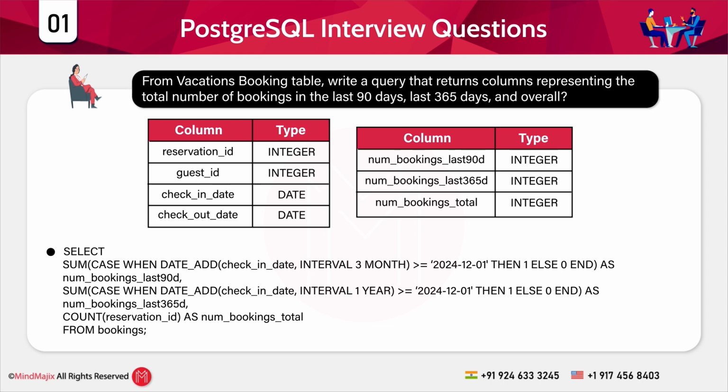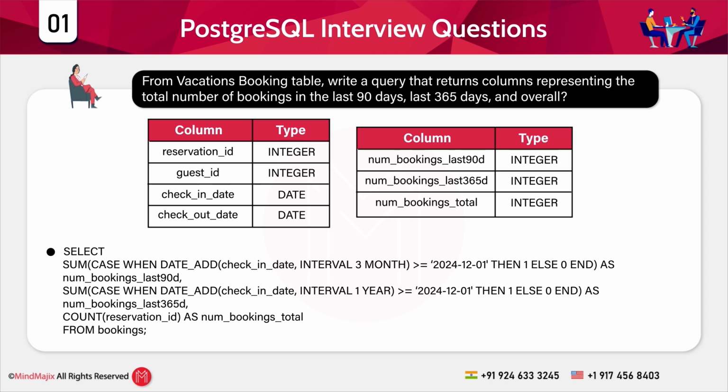If it is in the specified date range, then the value is 1, else it is 0. Then we end the case, and we name this aggregate function num bookings last 90 days. So this is our first case.